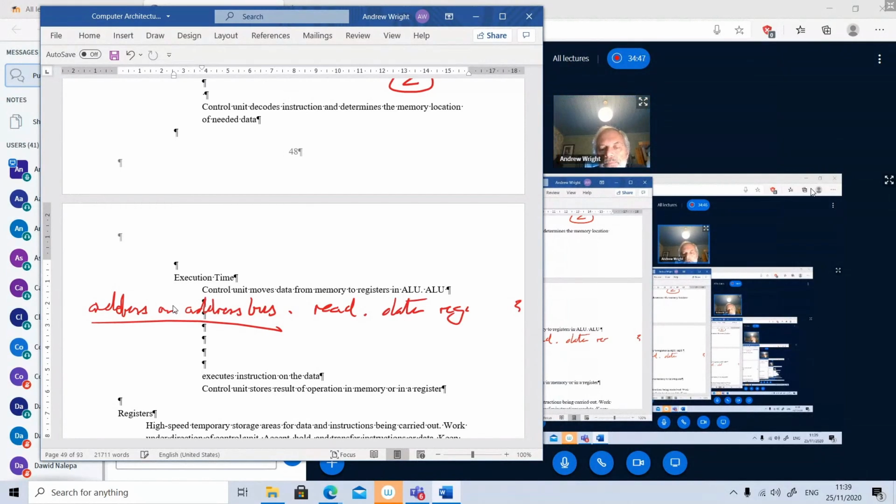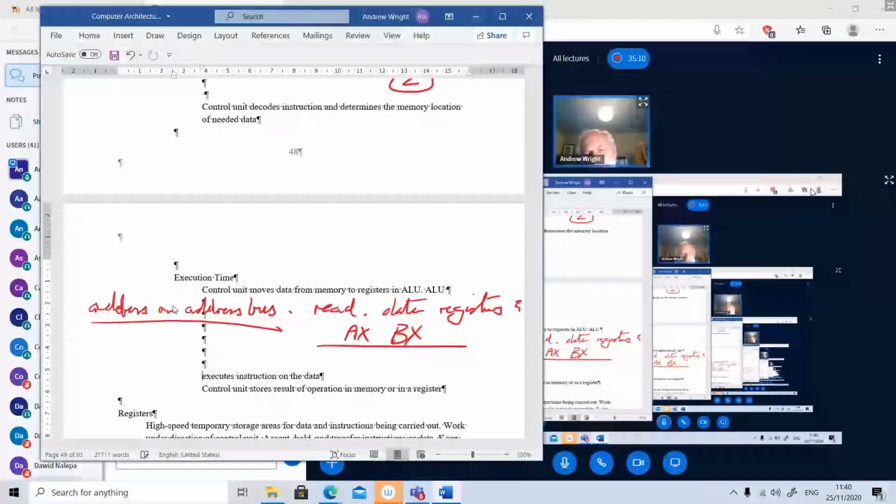This time, probably something like the AX register or the BX register, the general purpose registers. If it's a number to be added, it'll be put into the AX. The instruction could be that you add it into the AX register straight away, so you just need one instruction. Then to add it, it would need to be sent to the ALU and back again.